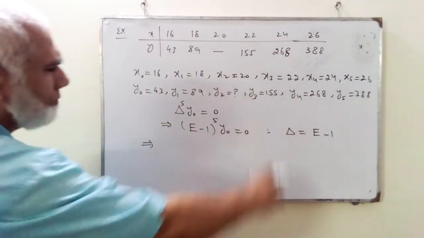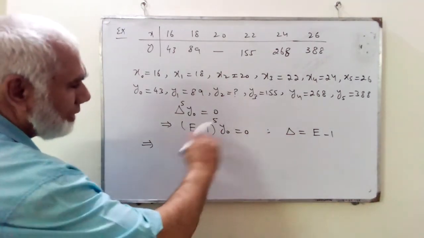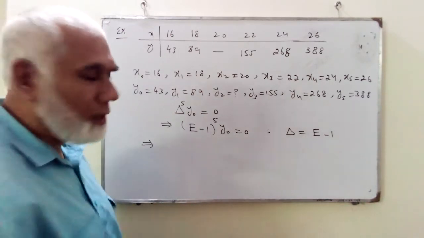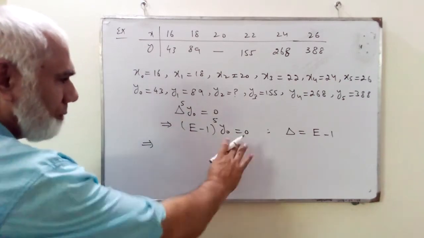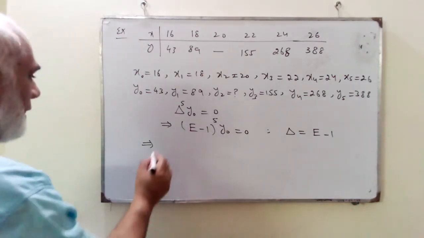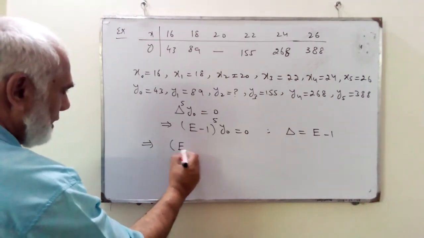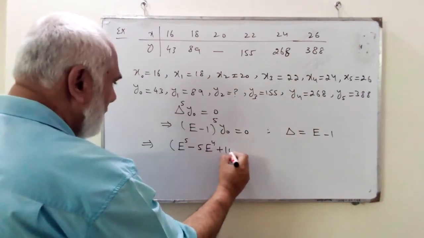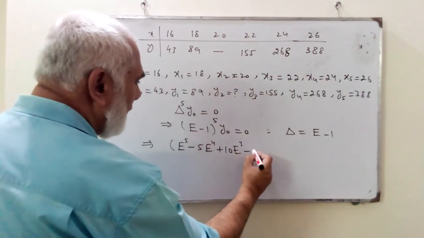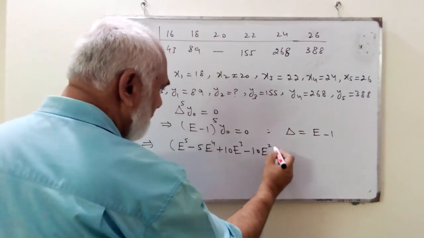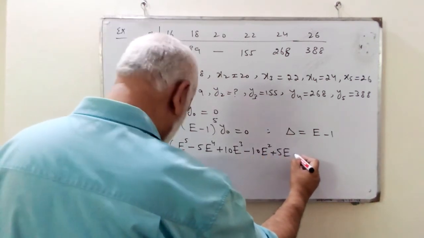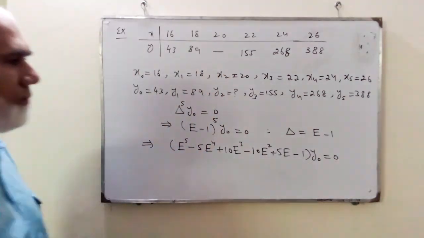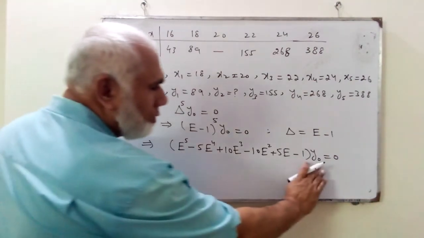You have to expand it using the polynomial. You can expand it by taking 5 times multiplication of E minus 1 with itself, or use some other way to construct the result. After expansion you will obtain: E^5 minus 5E^4 plus 10E^3 minus 10E^2 plus 5E minus 1, all applied over y0.